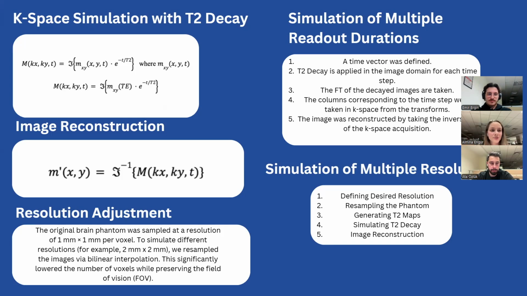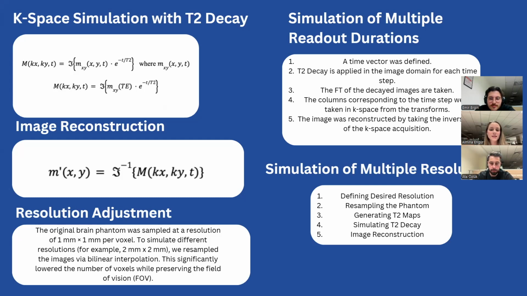For the k-space based simulation with T2 decay, to simulate MRI acquisition, the T2-weighted brain image was transformed into k-space using the 2D Fourier transform. For each value of t, the corresponding column of M is acquired from the Fourier transform of the multiplication of the exponential term and the signal calculated before at TE.